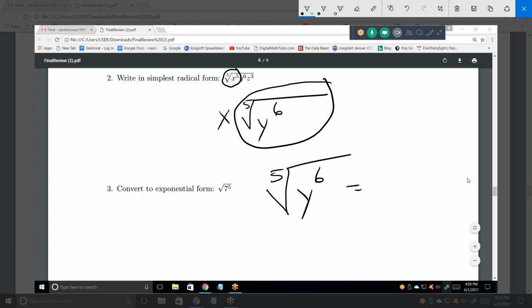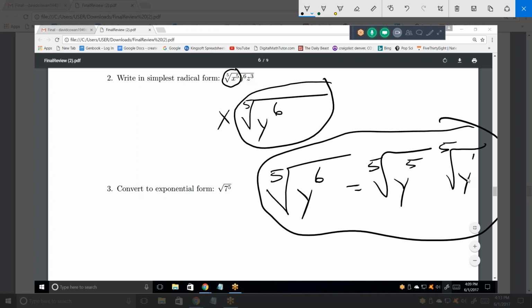It's the 5th root of y to the 5th times the 5th root of y to the 1st. First of all, do you see why that's true? All I'm doing is separating the y to the 6th into a y to the 5th times a y to the 1st.